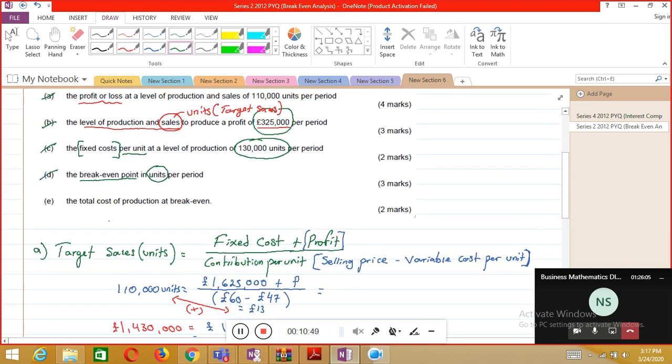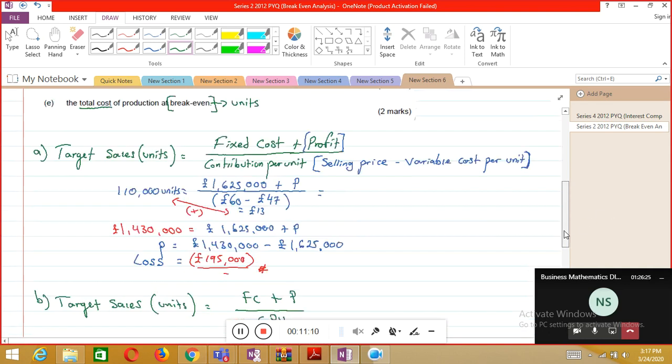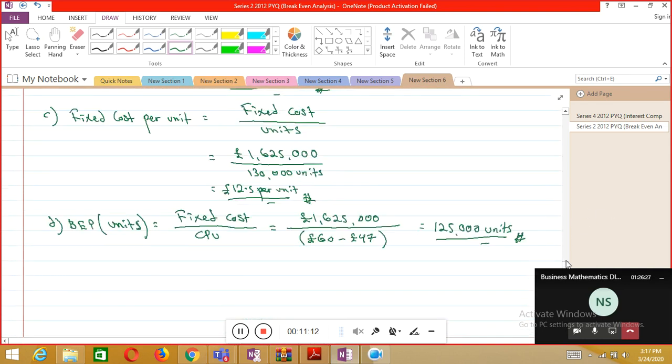Now E, they want you to calculate the total cost of the production at break even. This is the tricky part. What they're trying to say is they want you to find total cost but at the break even units. So we're going to use back this answer.